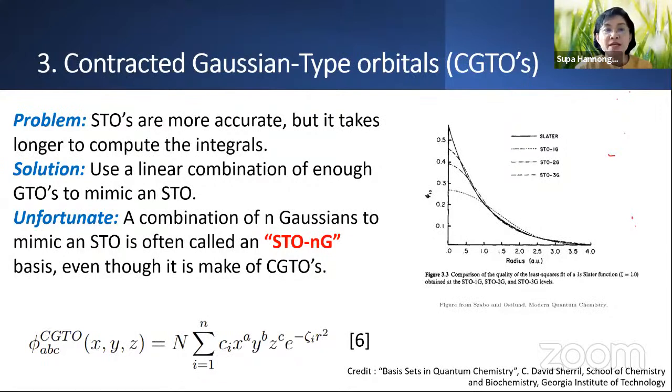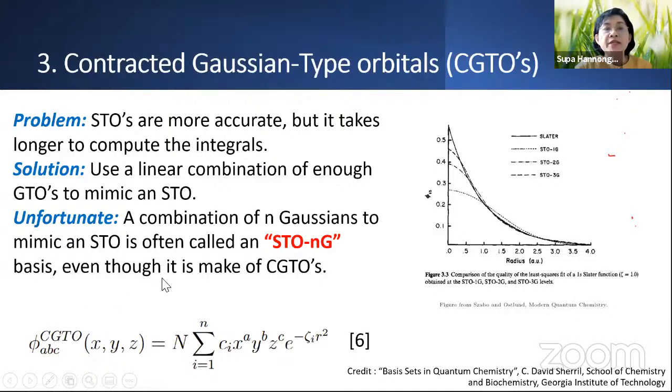For example, we like to have the STO because it's more accurate, but it takes time. So the combination of Gaussian functions to mimic an STO is often called an STO-NG basis.